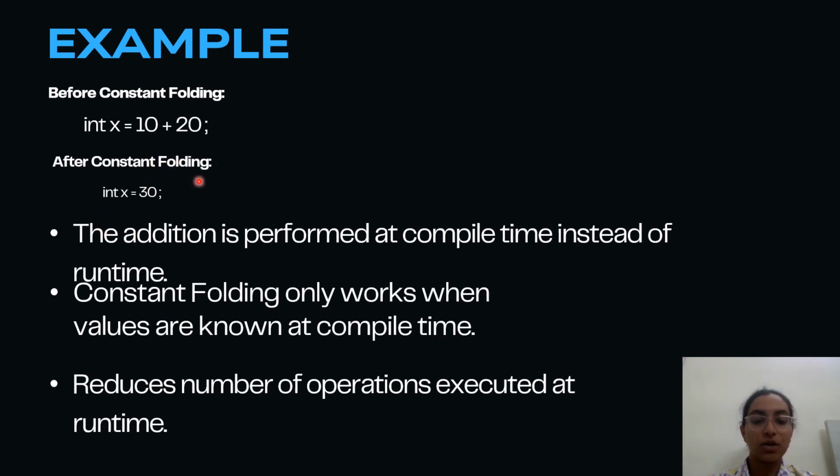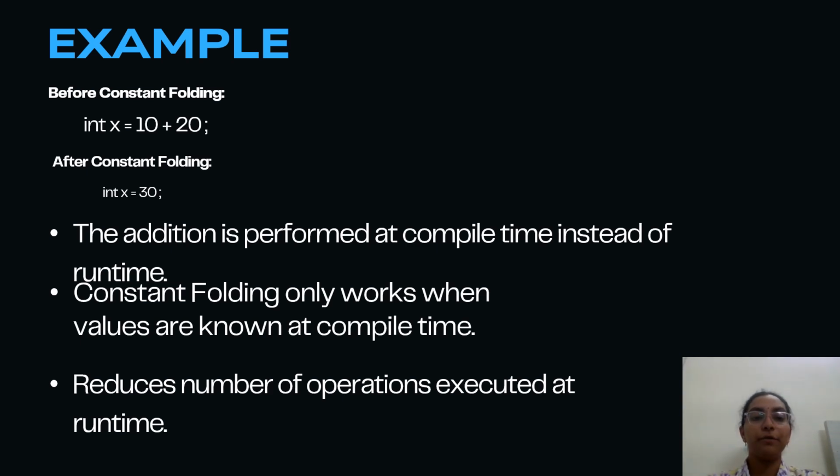The compiler has already calculated the result and stored it in x. So whenever the execution starts, no addition is required again. This reduces the number of operations and improves efficiency, especially when such expressions appear multiple times.